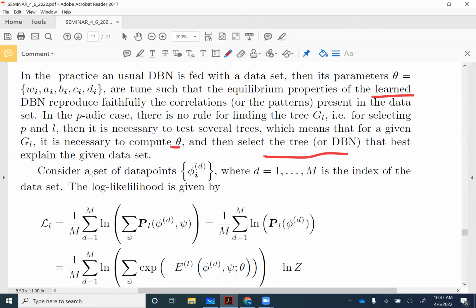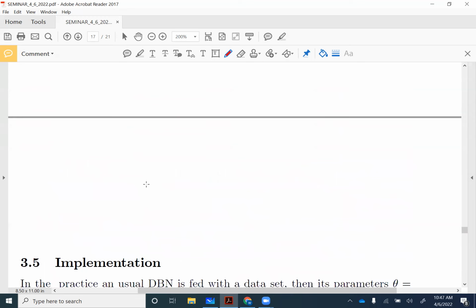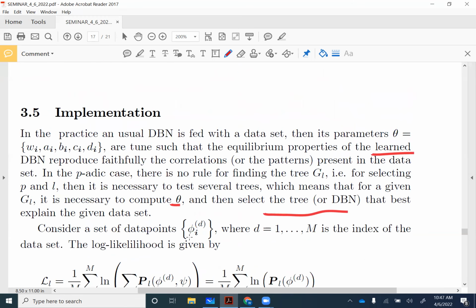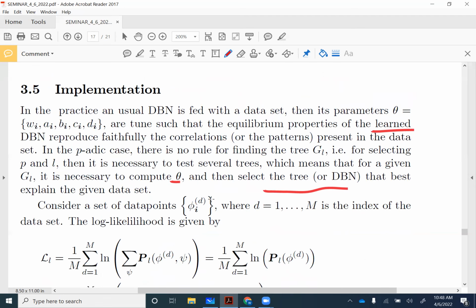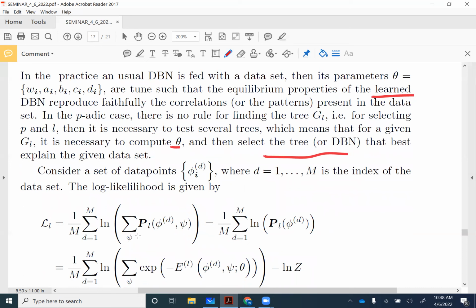Now, suppose that we have a set of data points. This means that we have realizations of this field phi sub i. Indeed, we have n samples of this field. Now, with these n samples, we have to construct a log likelihood function.